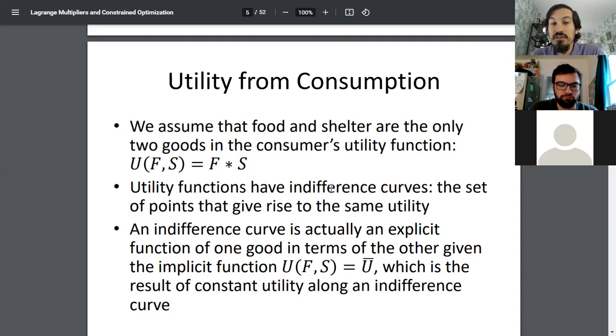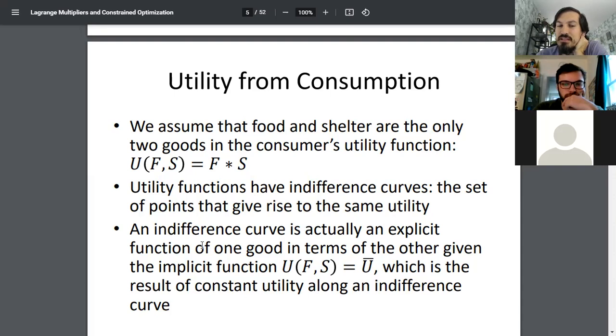Let's talk about utility functions with indifference curves. Utility functions give rise to indifference curves, the set of points that give rise to the same utility. That's just called an indifference curve.